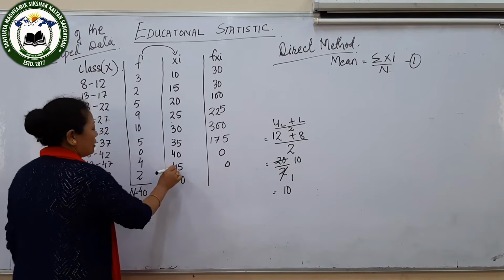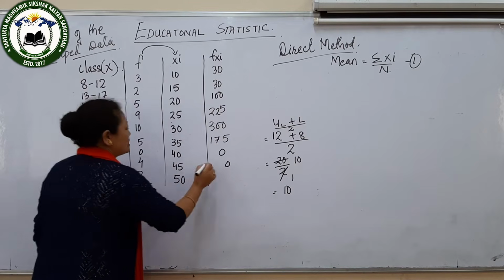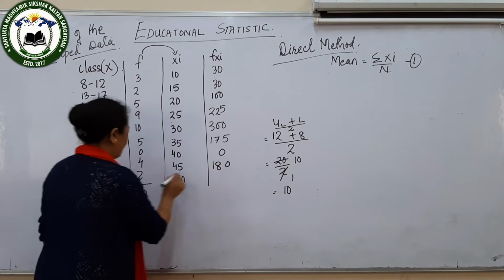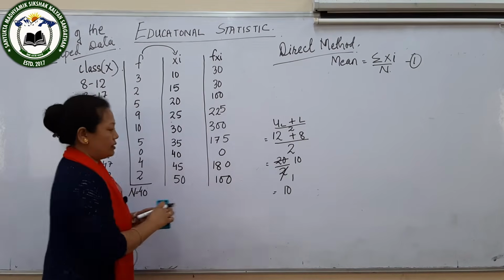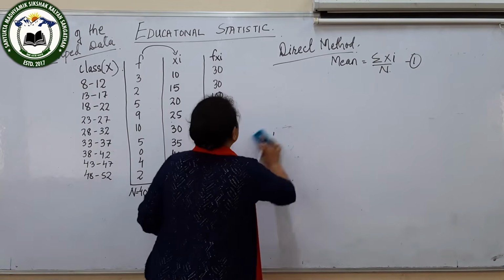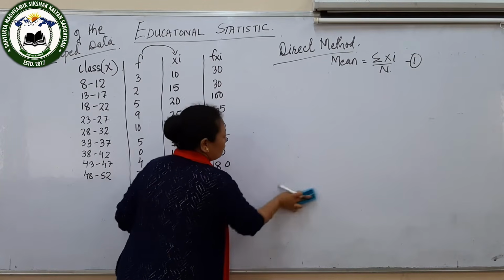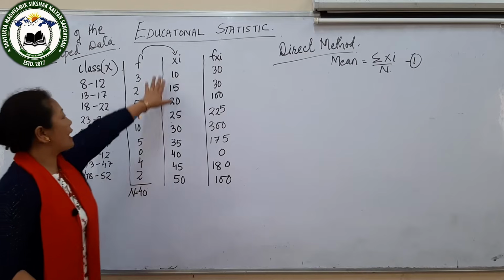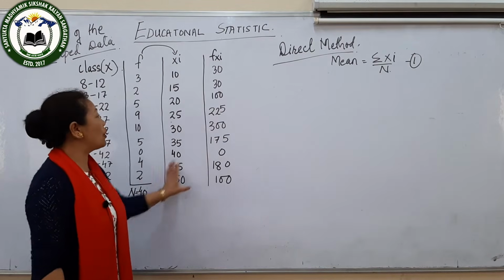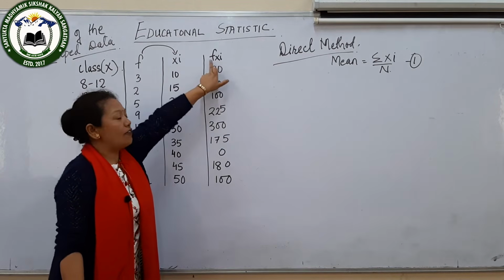4 4s are 16, 17 and 18. The last one is 100, 100. Okay. Now the next step is you have frequency, you have xi, that is the midpoint, and fxi.